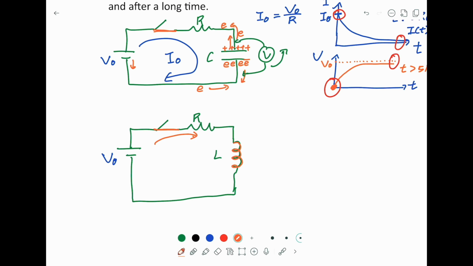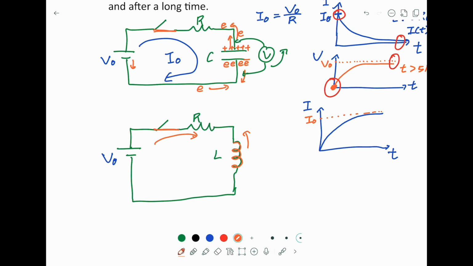And Faraday's law of induction says this change of magnetic field will create a voltage, and this voltage will try to go against the current flow. So what it means is, at the moment you close the circuit, the current across here is actually 0. And it will rise exponentially, like the capacitor case, and reach I naught.